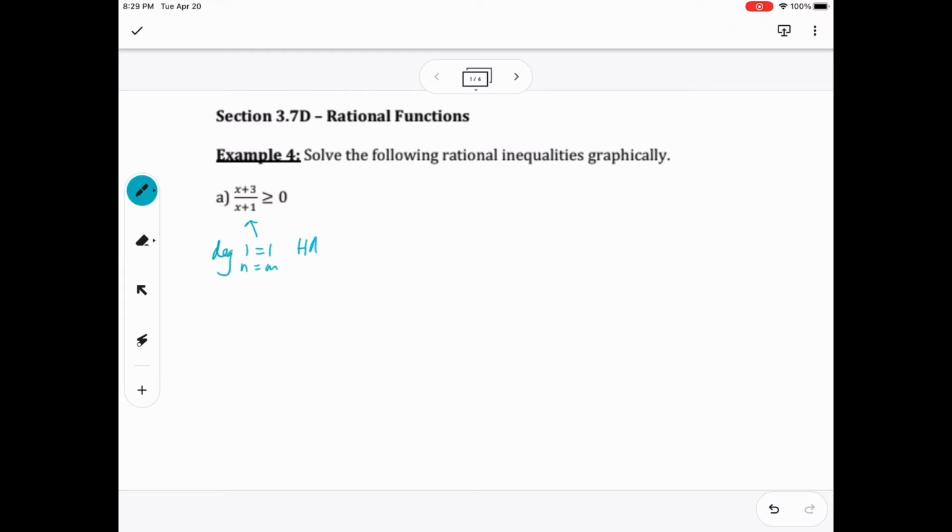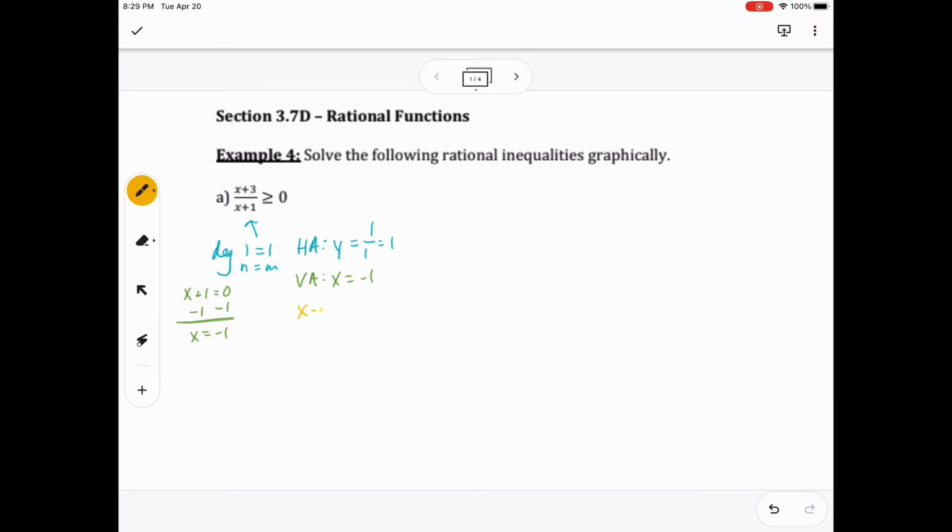I'm going to find my horizontal asymptote, which in this case, because the degrees are the same on the top and bottom, I divide the leading coefficients to give me y equals 1. Vertical asymptote: set the denominator equal to 0, and that gets me x equals -1.